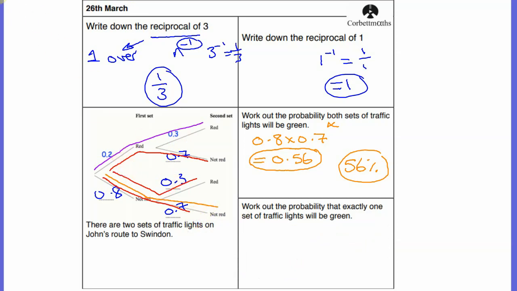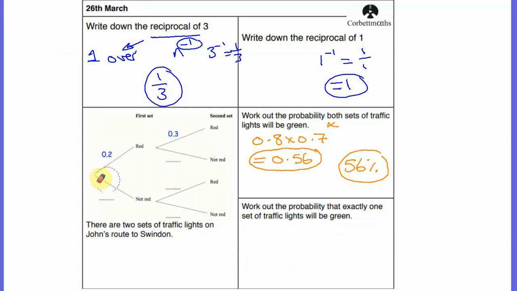So I will rub out all my lines here and I'll redraw the probabilities in. So 0.8, 0.7, 0.3, 0.7. Okay, so it being exactly once, it's either going to be green, red, or red, green.